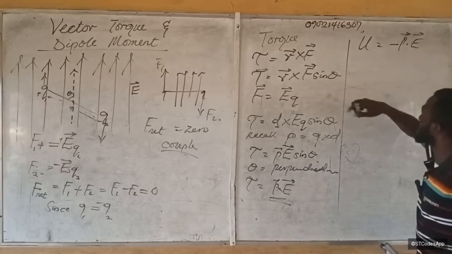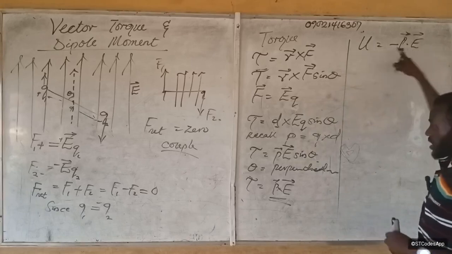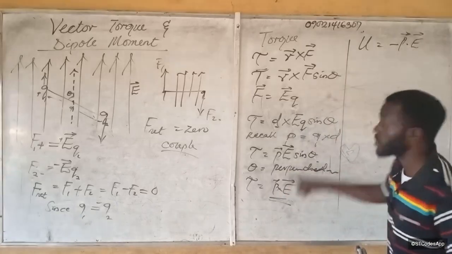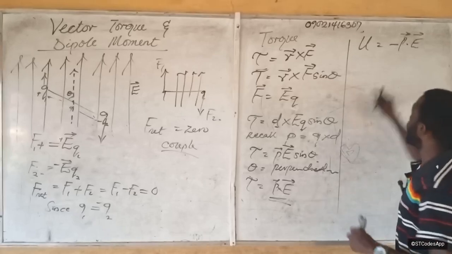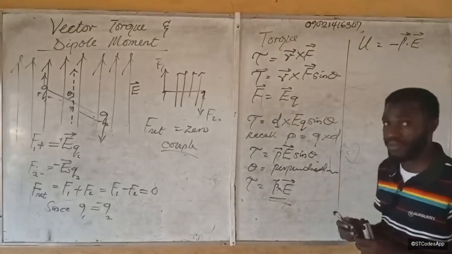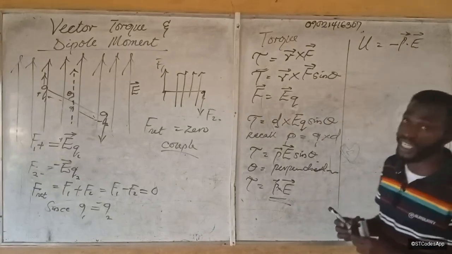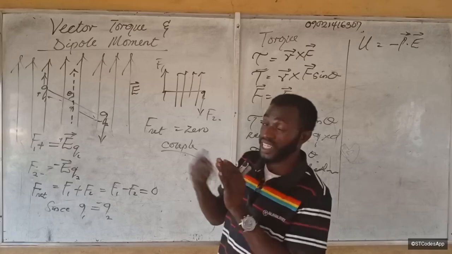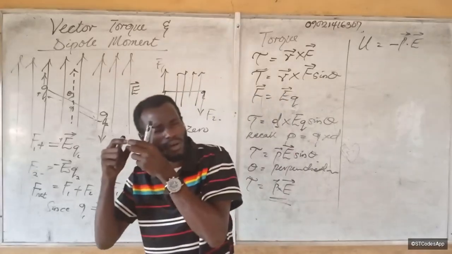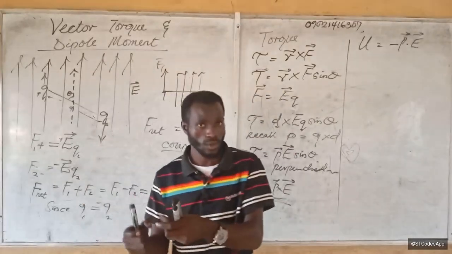Now, what students don't understand is that my torque is P cross E, that's intentional. And my potential energy is what? P dot E, because potential energy is a scalar.